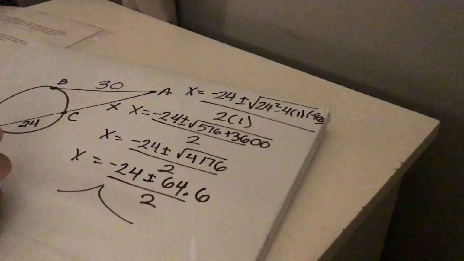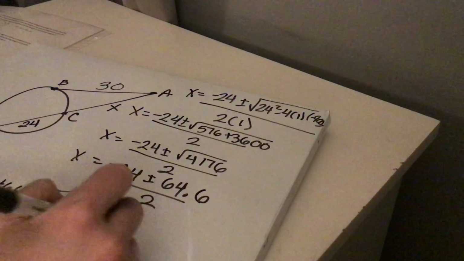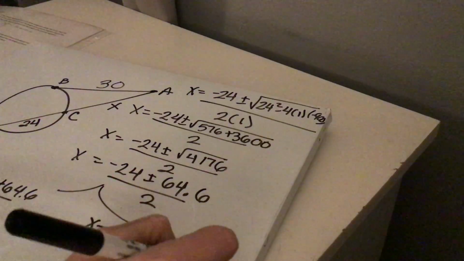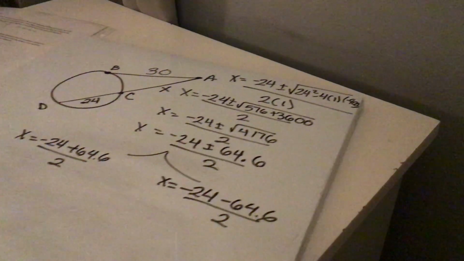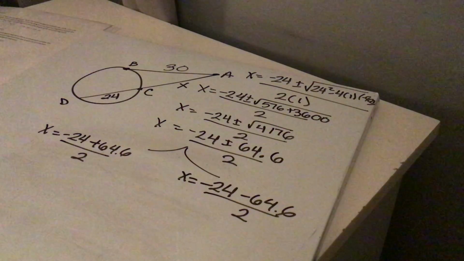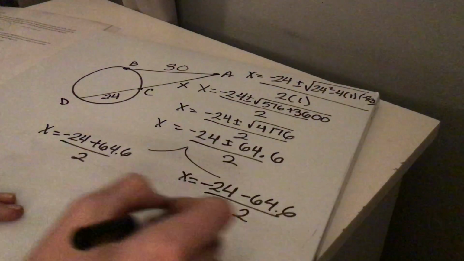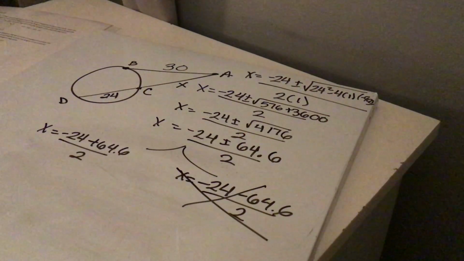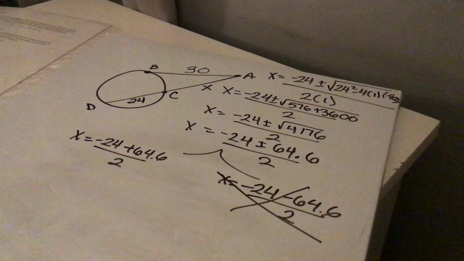So negative 24 plus 64.6 divided by 2, or negative 24 minus 64.6 divided by 2. For our problem, x is a measurement, okay? It's the length of a segment. This answer here will give you a negative number, so we don't really even care exactly what it is because it won't apply because distance can't be negative.